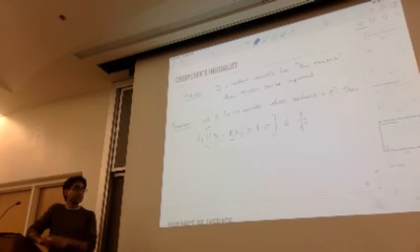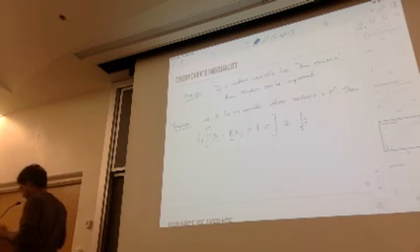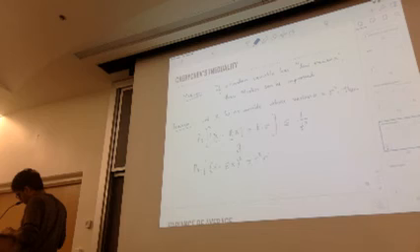I don't know if I should prove this, but let me not prove this. It turns out the proof is actually quite simple, because you can notice that this is equivalent to asking the probability that (X minus EX) squared is more than t squared sigma squared.